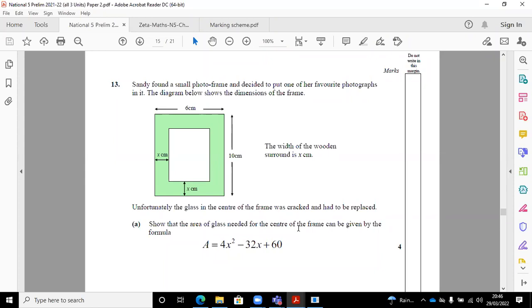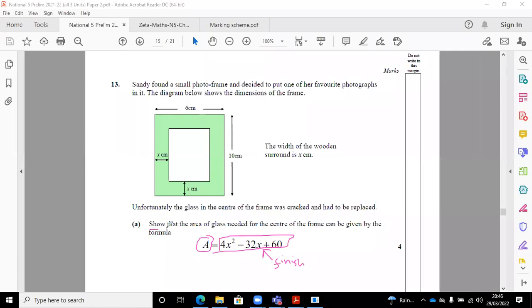So what we're trying to prove is that the area can be given by this formula. This on the right hand side is where we want to finish.